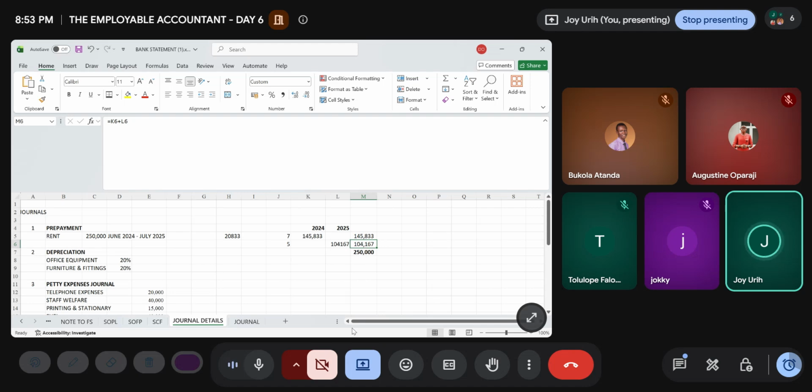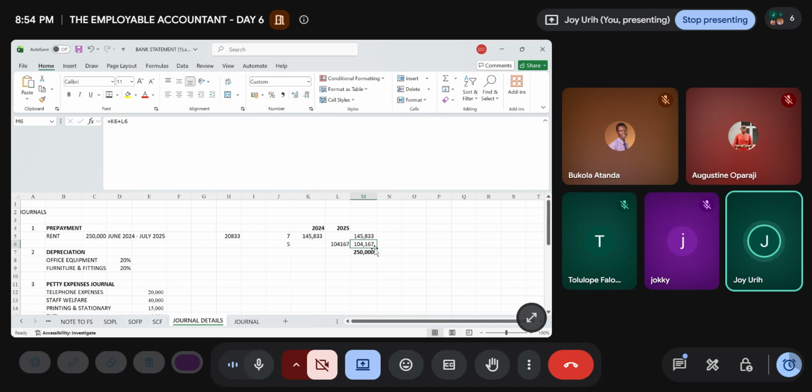The accounts involved are rent and prepayment. You can call it prepayment or prepaid rent. So the next question we want to ask is, which of these accounts is increasing and which one is decreasing?